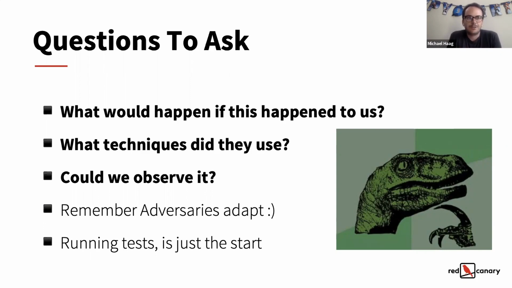If you're an organization and you were starting to look at this data, or you read a report on them, what would happen if this happened to us? Would we have coverage for their behaviors in my environment? Are there any particular techniques that they perform that we may not have coverage for? And this goes right into the chain reaction that you would end up building.